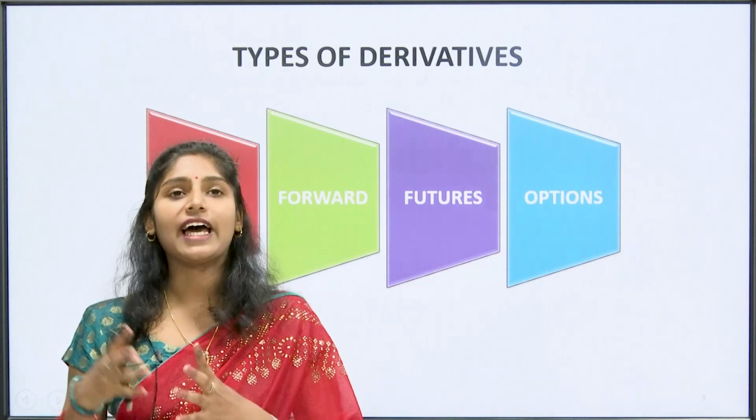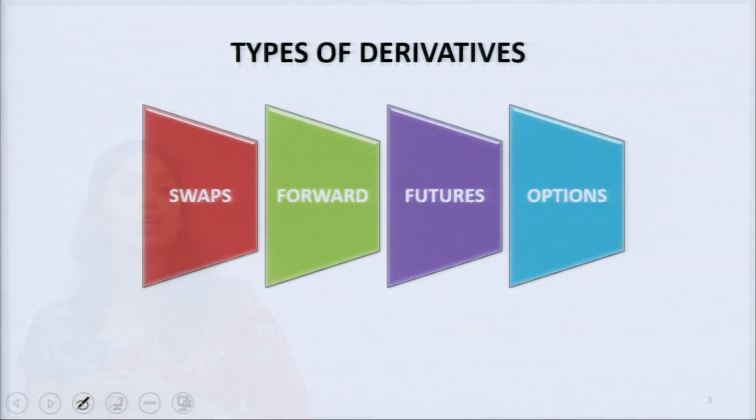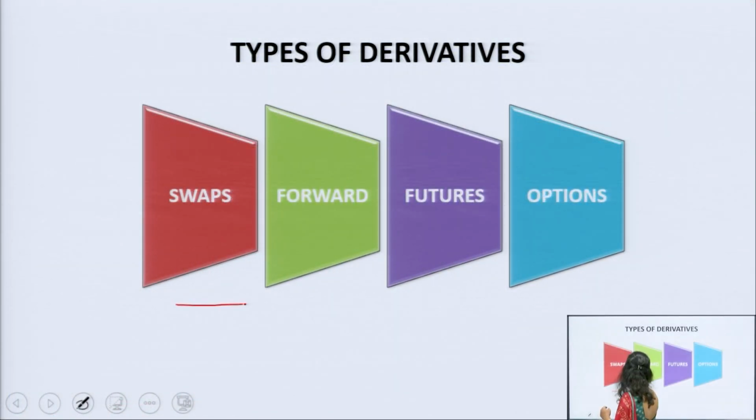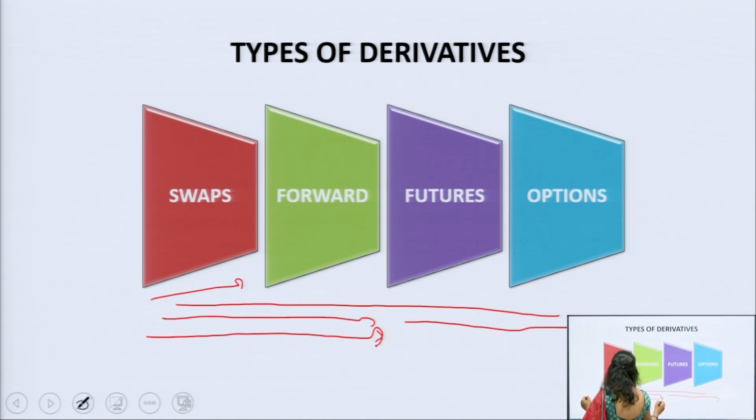so these are the types we are talking about. Let's talk about all the types. We can say these are the types of derivatives. First of all, swaps. It flows like this only: swaps, forward, futures and options. Why? Because when we talk about swaps and forward, it's like internal. Why?